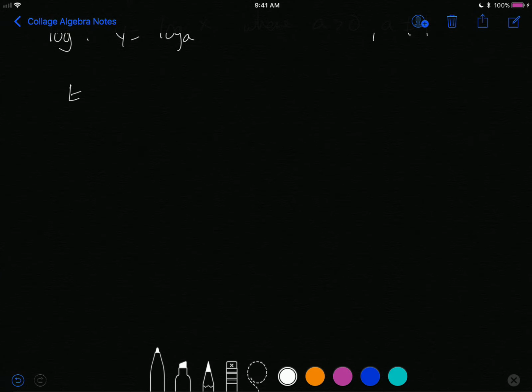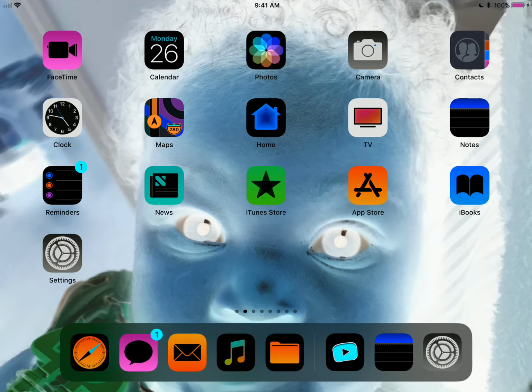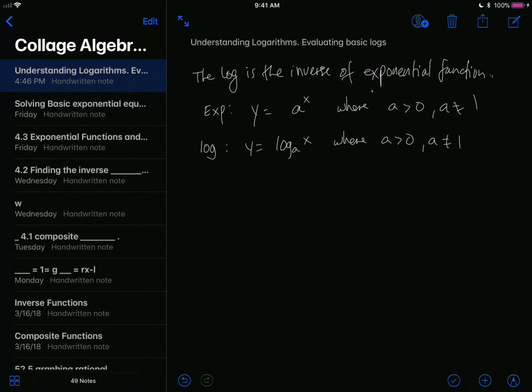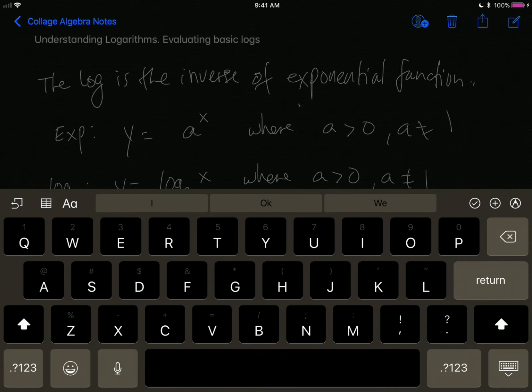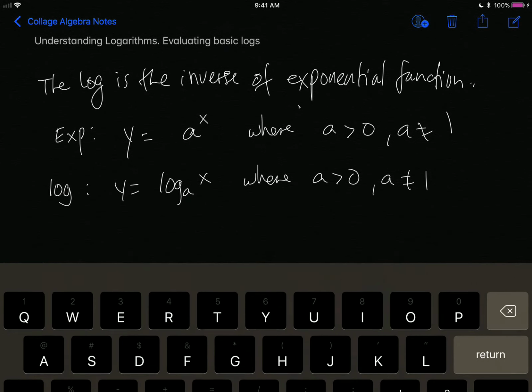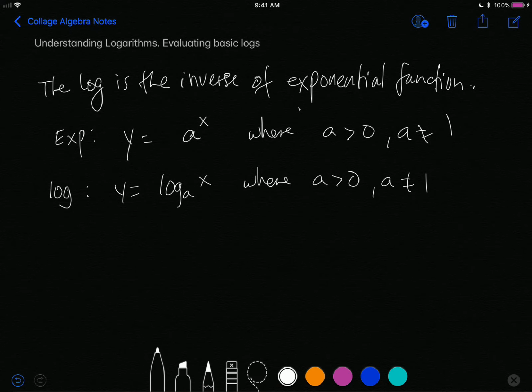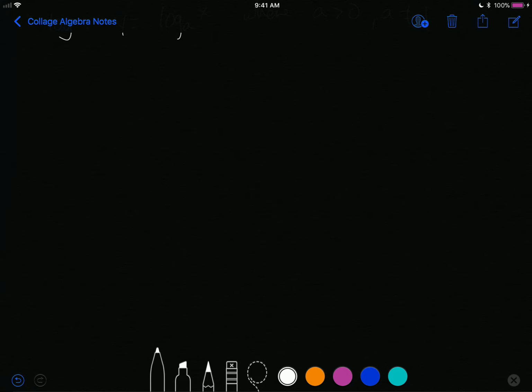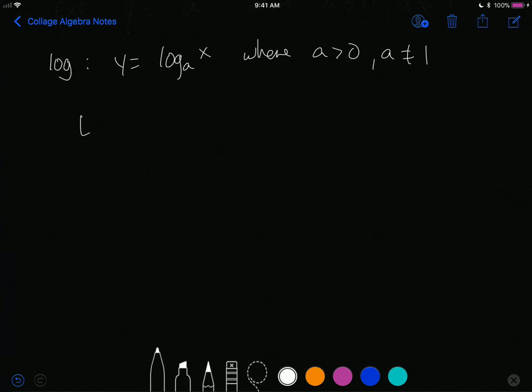On this side, I have what I'll call exponential form, and on the other side, what I will call logarithmic form.